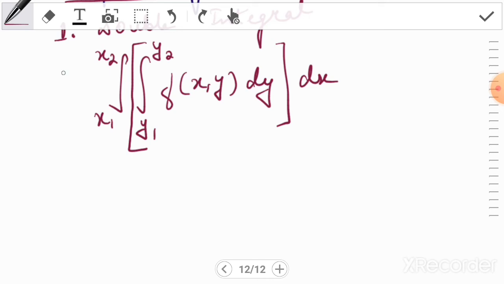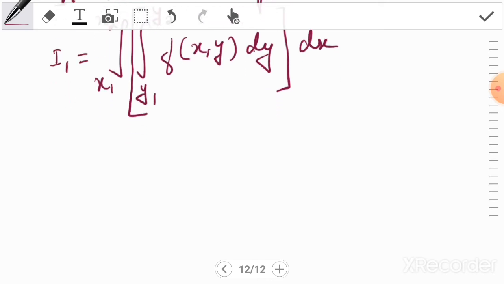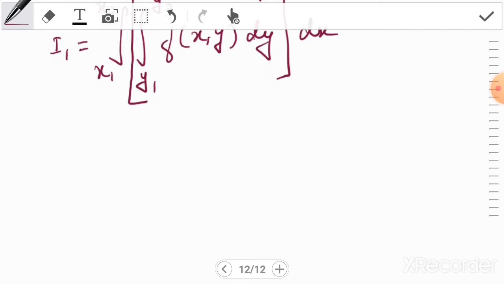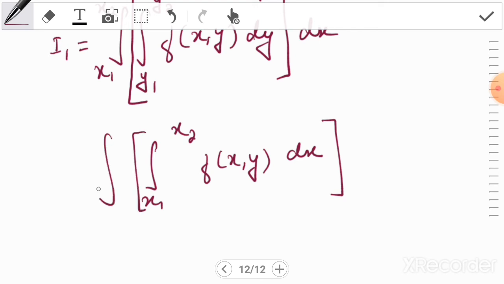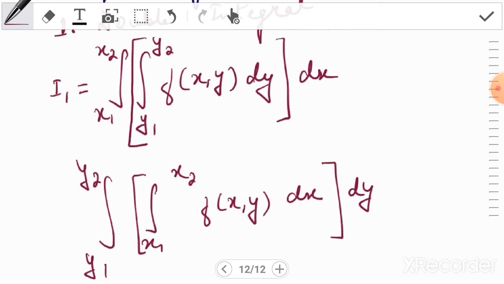So similarly, say this is I1, and when x1, x2 are functions of y and y1, y2 are constants, then f(x,y) is first integrated with respect to x, keeping y fixed within the limits x1, x2, and then the resulting expression is integrated with respect to y between the limits y1 and y2, right?